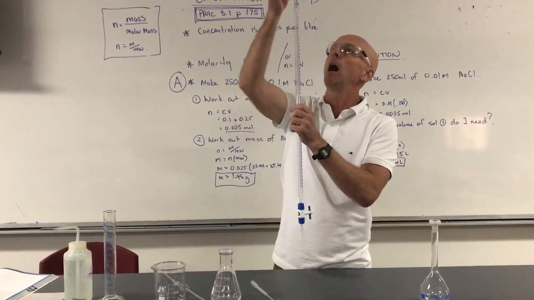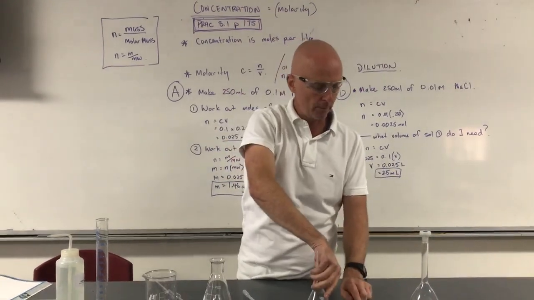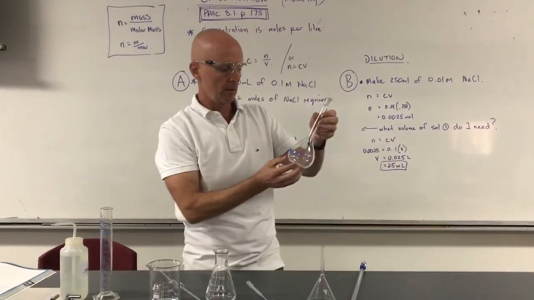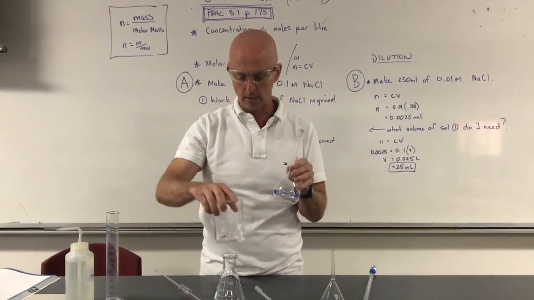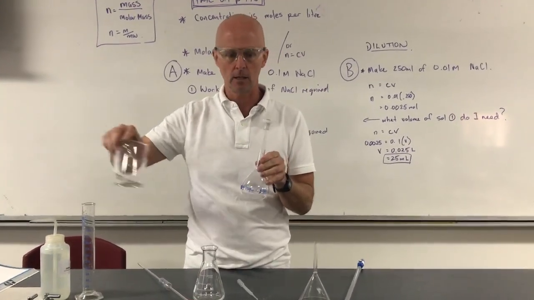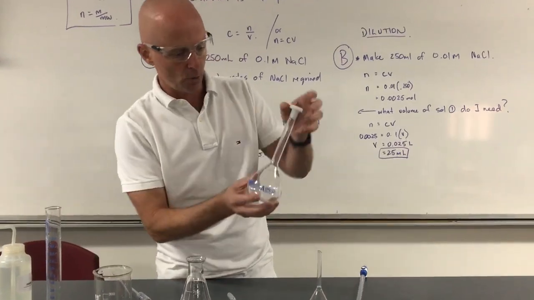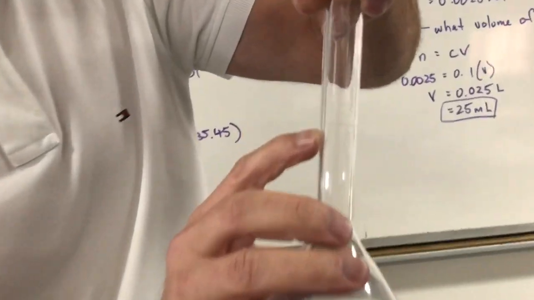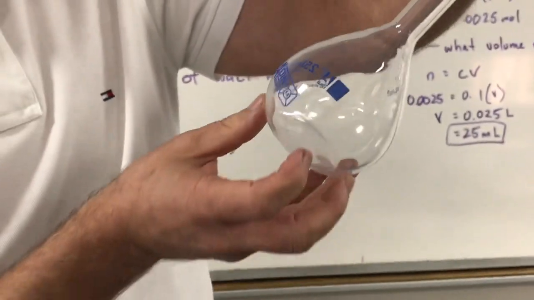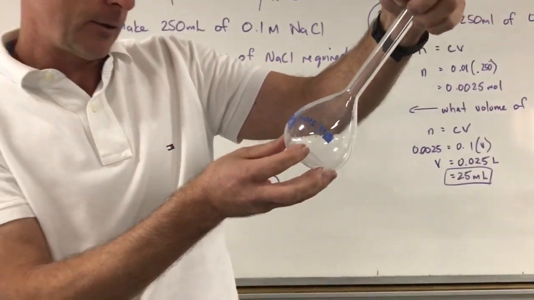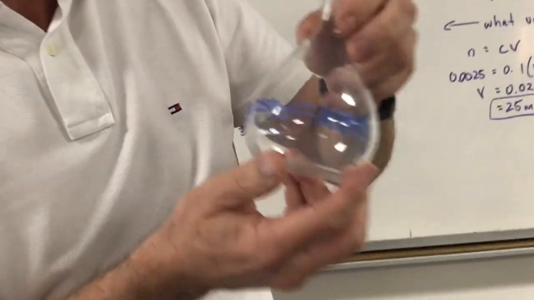All right. A prac coming up, we'll be using these volumetric flasks. Okay, these are far more accurate than any of this other glassware here and here. This has a graduated line as well, etched into the glass. All right, and this is accurate to, it says plus or minus 0.15 mil on the front.